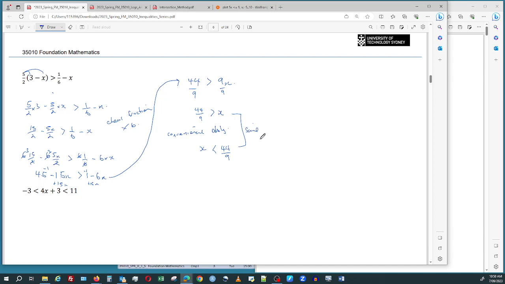Okay, this is not the rule. Not the rule. Okay, it's just for convenience. So what I'm doing here is I'm putting 44 on 9, and I'm saying off you go to the negative. Okay, 44 on 9.